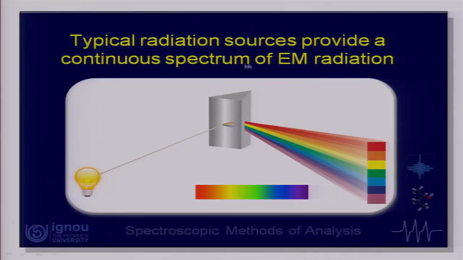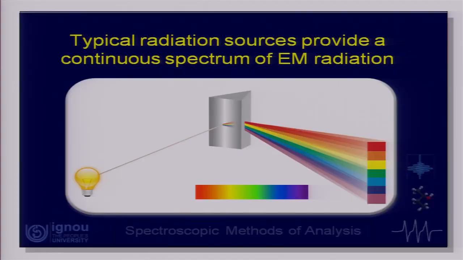Now, look at this picture here. I am just showing a simple source of radiation there. When the polychromatic radiation is made to pass through some kind of dispersing medium, in this case I am using a prism as a dispersing device, it gets dispersed into a wide variety of colors because of the difference in the refractive index.